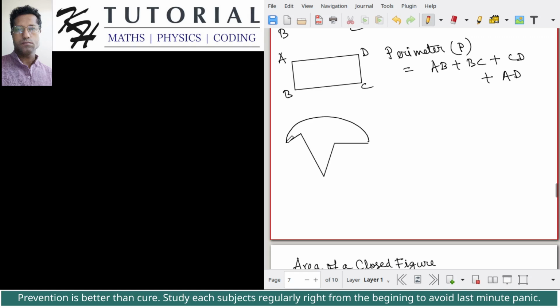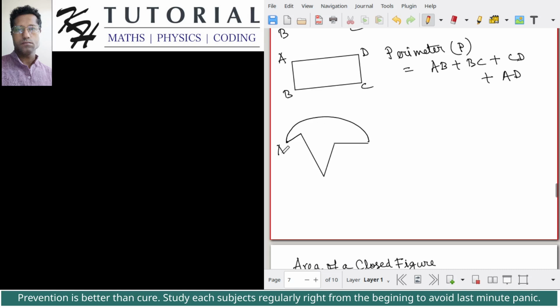As you can see, this is not a rectilinear figure because it is not formed by only line segments. It also has a curved line.